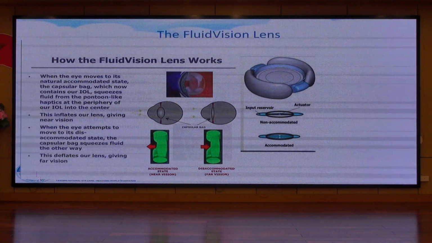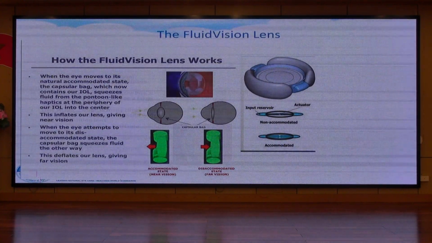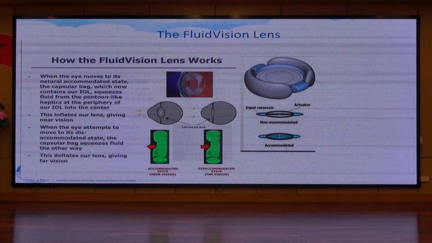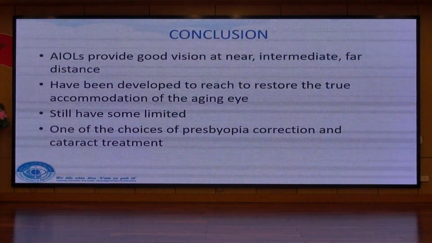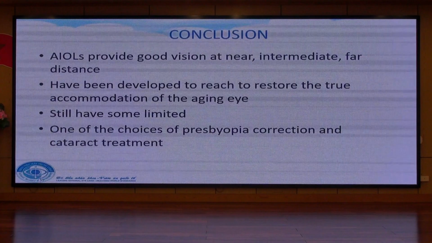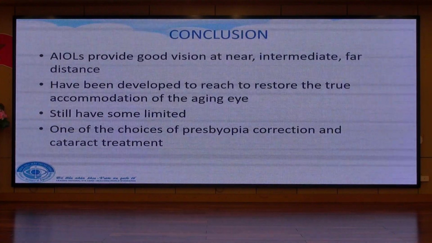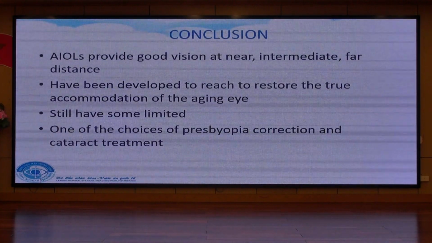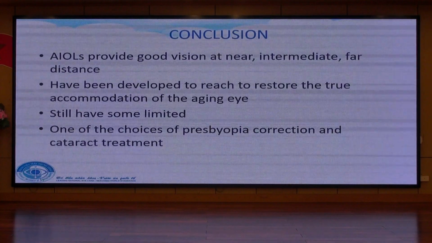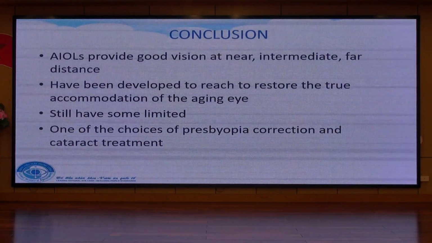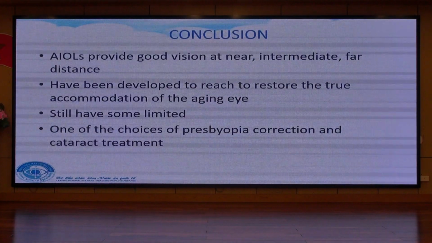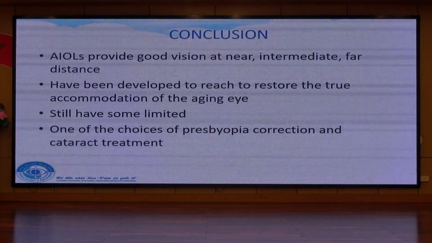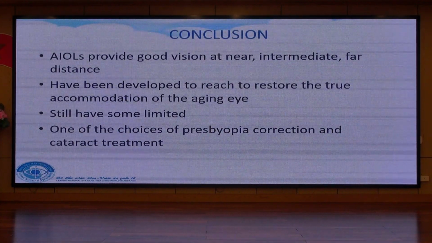It is projected to deliver more than 10 diopter of power change. And the accommodating AIOL provides good vision at near and intermediate distances, and has been developed to restore true accommodation of the aging eye. However, it still has some limits, but it is one of the choices for presbyopia correction and cataract treatment.